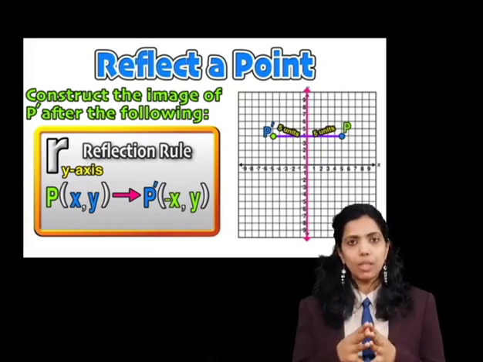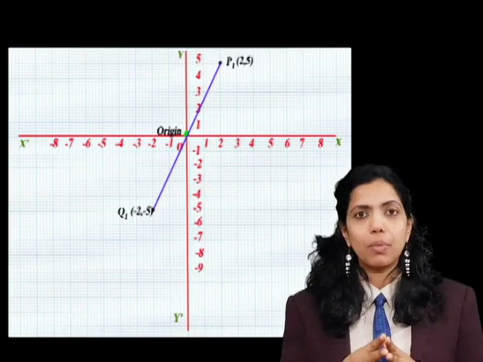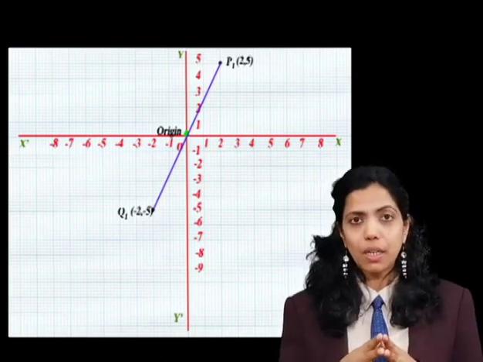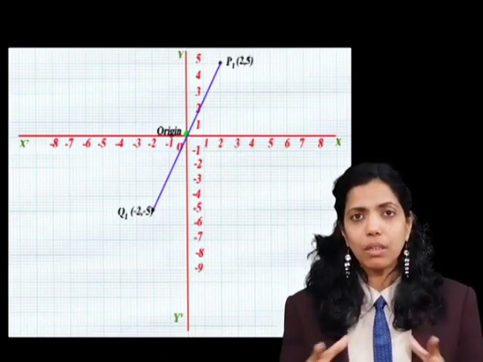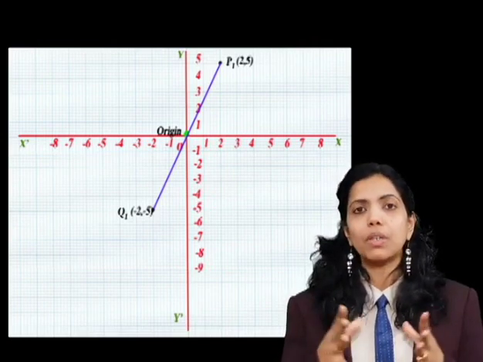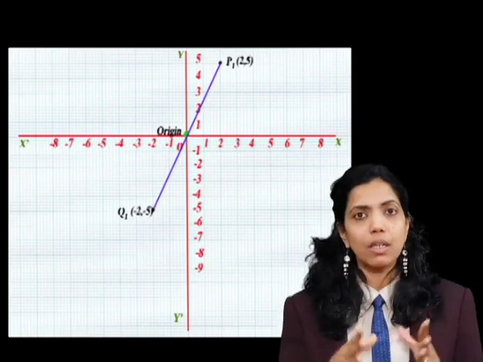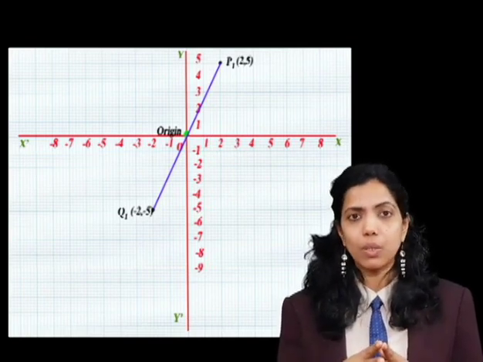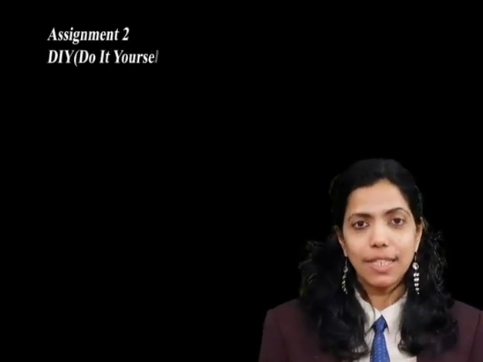Then about the origin, if the point is given as P of x, y, change the sign of both coordinates, and we are getting the coordinates of the mirror image as P dash (minus x, minus y).